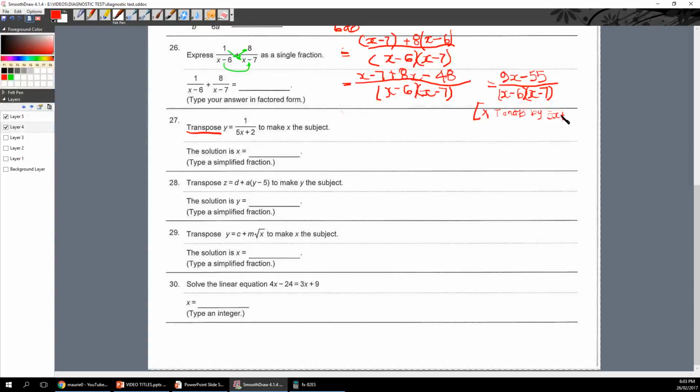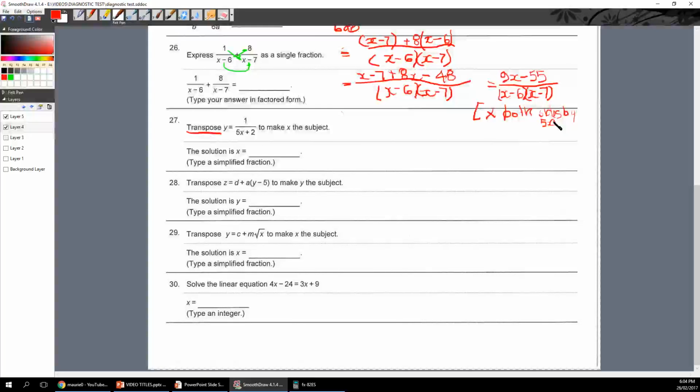Oh, sorry, my mistake. Oops, let's undo that. I've gone a little bit off cue there. So it's not top and bottom, of course. It's multiply both sides by 5x plus 2.